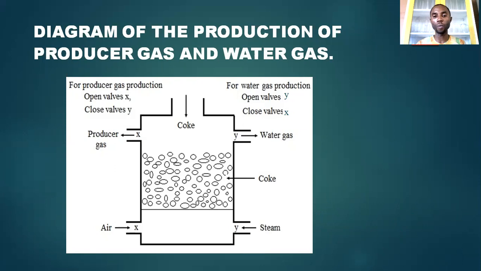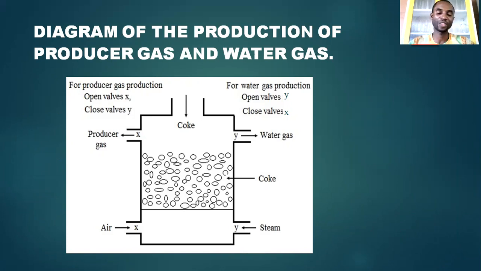But if you want to produce water gas, you open valve Y, which is on the right-hand side, and close valve X. You close it, and the steam will be supplied to the coke, and thereby it produces the water gas.